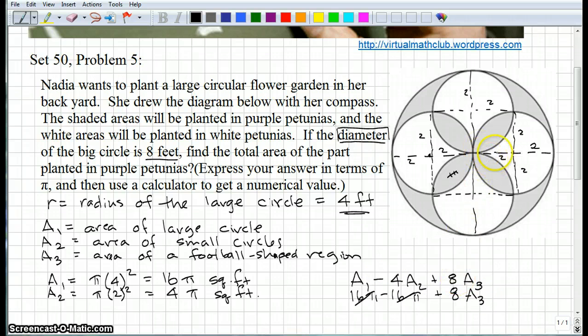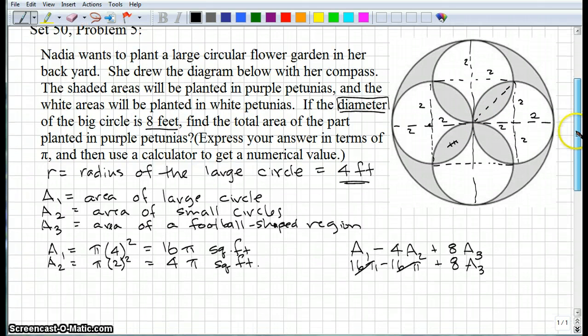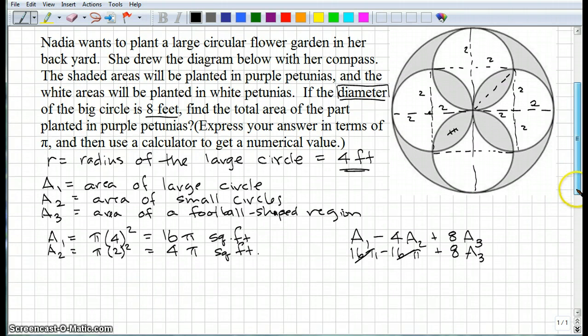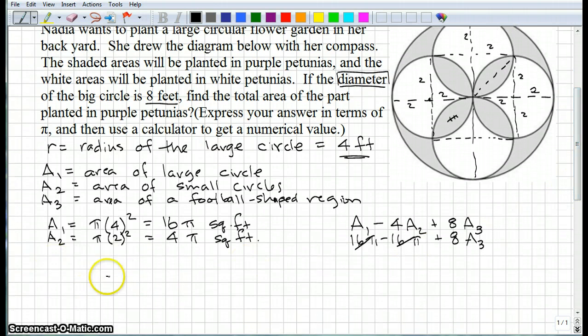What I want to do here, you can see I've got a 2 by 2 square. I could divide that along the diagonal, which would divide the football shape in half. And I think what I want to do then is figure out what half of that football shape looks like, and then I can just double it. So let me redraw that 2 by 2 square down here.